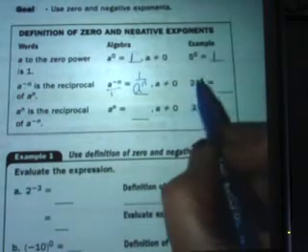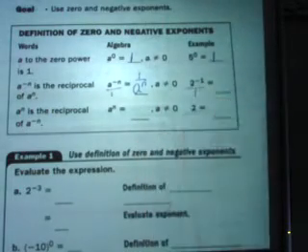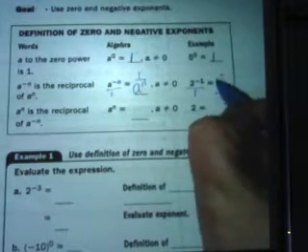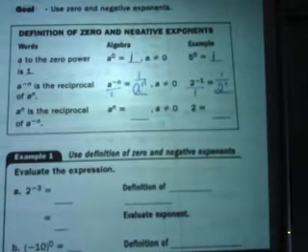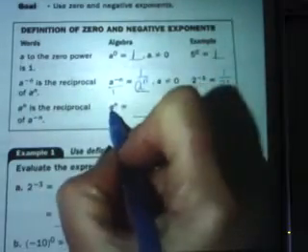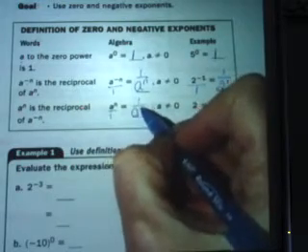So let's look at 2 to the negative first power. Any number is always over 1. So if I ask you to find the reciprocal, you're going to flip it. That's going to become 2 to the positive first power. Same thing here. If I have a to the positive n, the reciprocal of that is going to be 1 over a to the negative n.